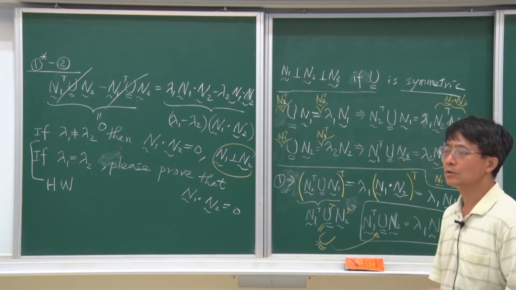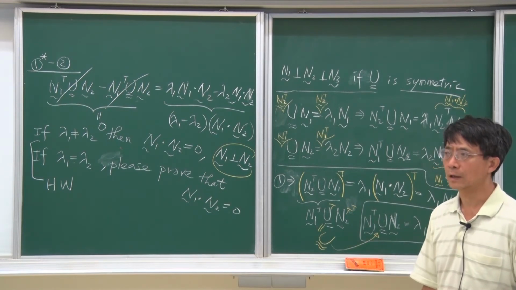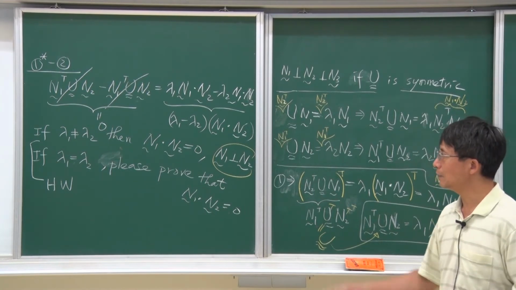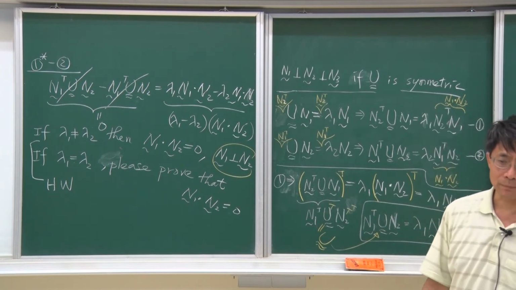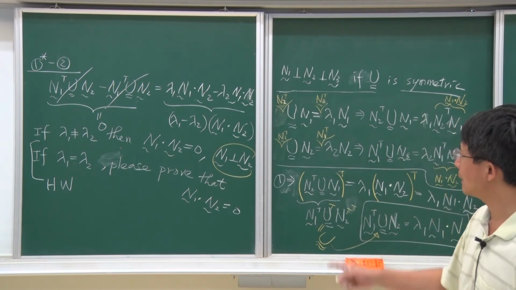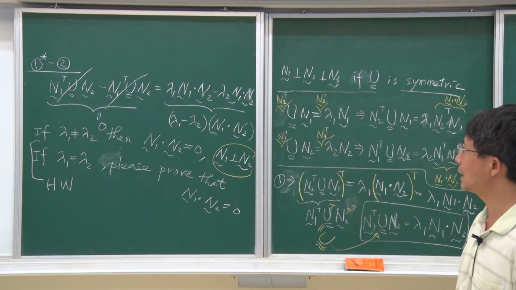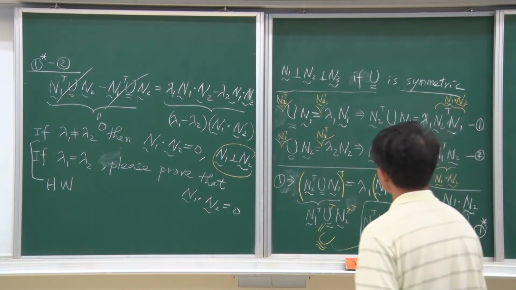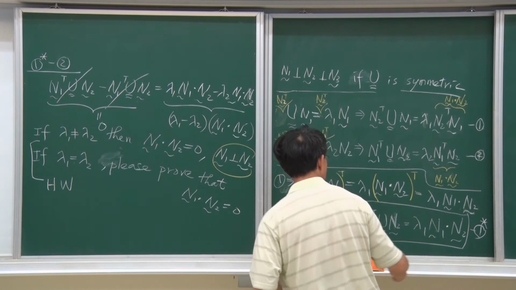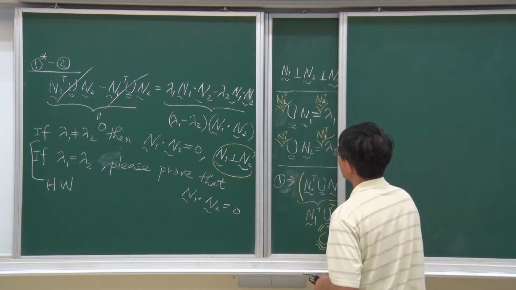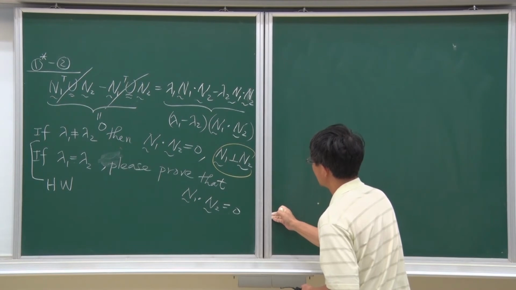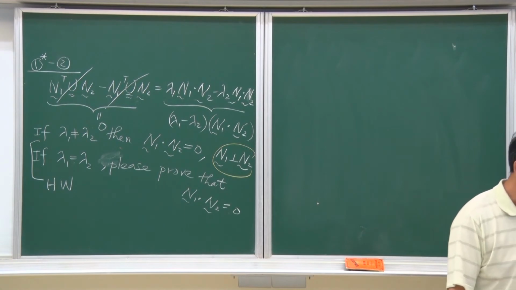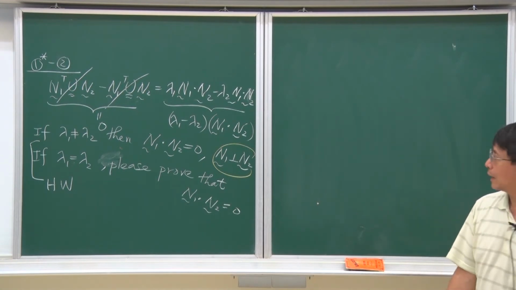Do it by yourself. You can look at the books of engineering mathematics or surf on the website. 这边就是我们用了 lambda 1不等于 lambda 2来证这个事情，但是 lambda 1等于 lambda 2的时候也可以证这个事情的。你们自己来证证看，作为一个作业。好，这边呢，let me continue my calculations.